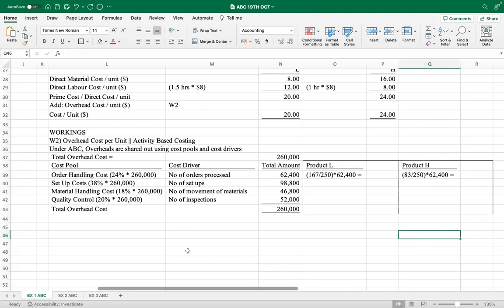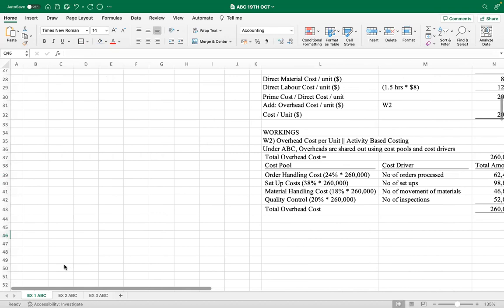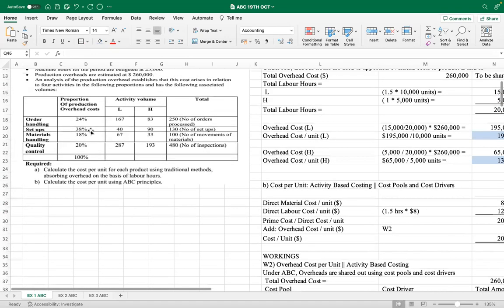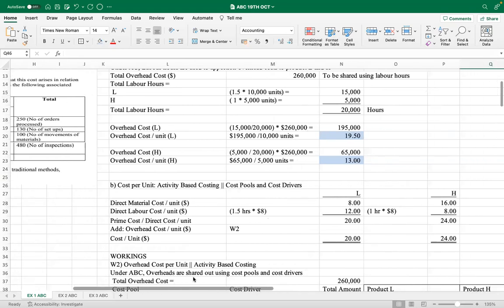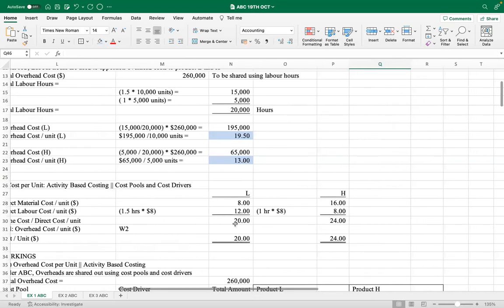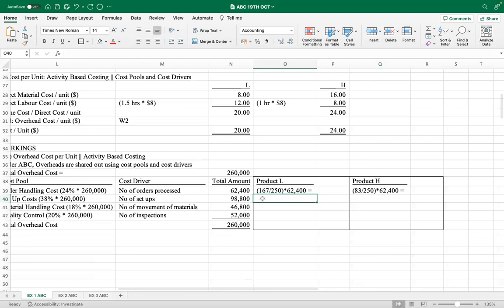Setup cost depends on the number of setups. So let's check the number of setups. The number of setups are 40 and 90, and the total is 130. So 40 over 130, close the bracket, times 98,800.